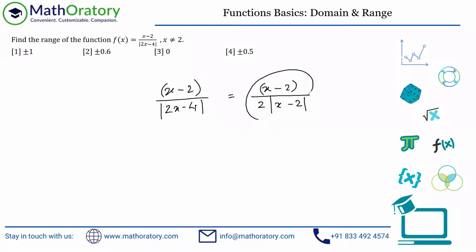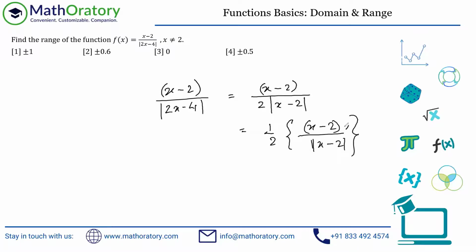After you reach this step, you have something like half multiplied with, let me use this bracket, x minus 2 divided by mod of x minus 2. Now whenever you have this type of function, let's say mod of 3x square plus 4x plus 10 divided by mod of 3x square plus 4x plus 10, it could be anything.